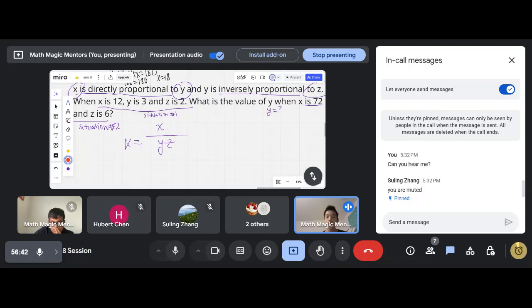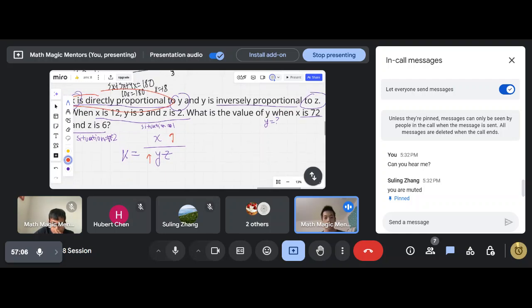So if x increases, y increases. The numerator will be scaled up, and the denominator will also be scaled up. So the first condition, x is proportional to y, is satisfied.